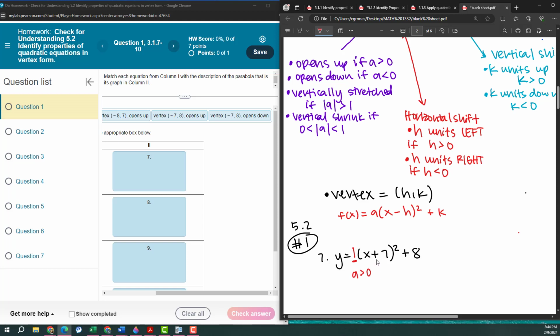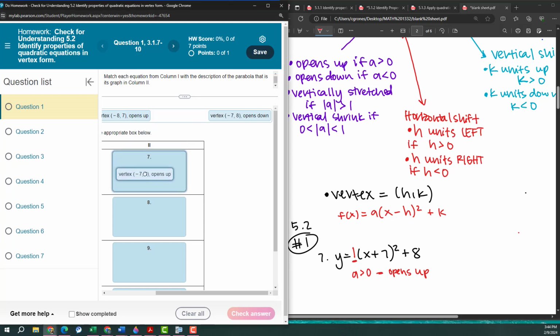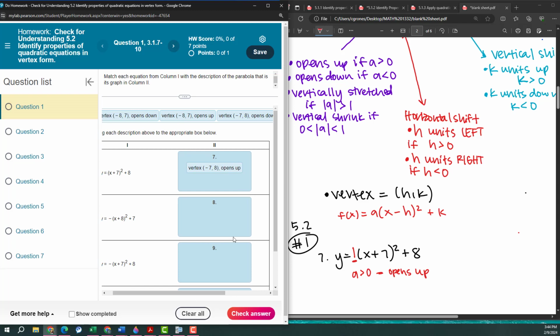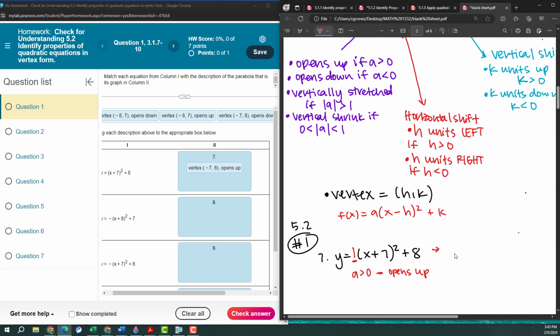So that means that it is opening up. So I'm going to use this. The vertex is negative 7, 8, and it is opening up. Okay, so x equals negative 7, y equals 8, vertex equals negative 7, 8.